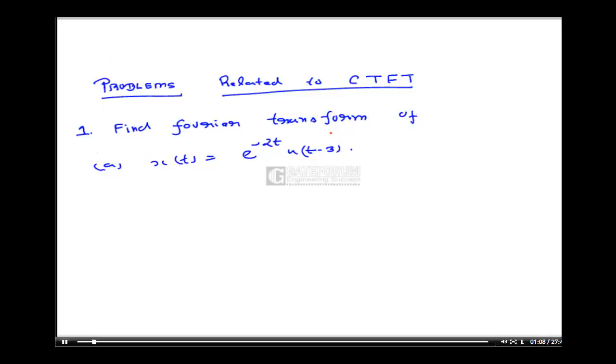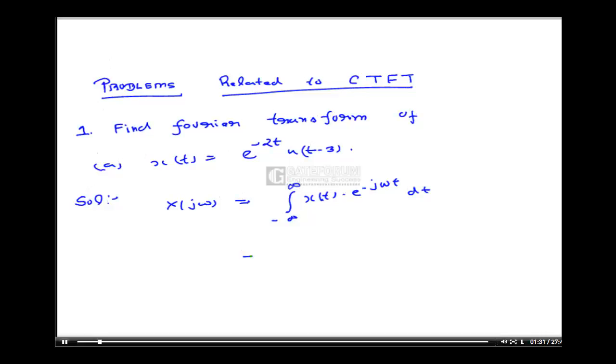We know the formula of Fourier transform, which says that X(j omega) is equal to the integral from minus infinity to infinity of x(t) e to the power minus j omega t dt.